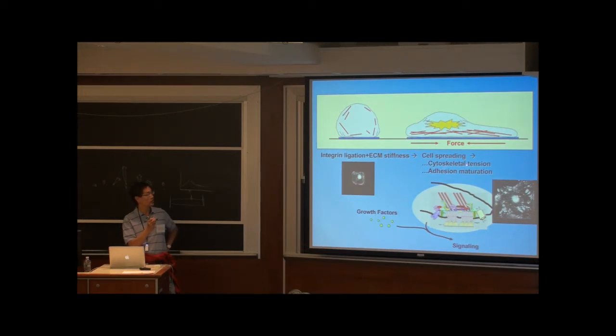That force generation then impacts adhesion assembly. Okay? And in our system, the mesenchymal stem cells, we think that the adhesion assembly, in fact, impacts how these cells sense growth factors within the media to then signal and drive different kinds of differentiation programs. So this is how the mechanical environment is linked to the biochemical environment in the cell.